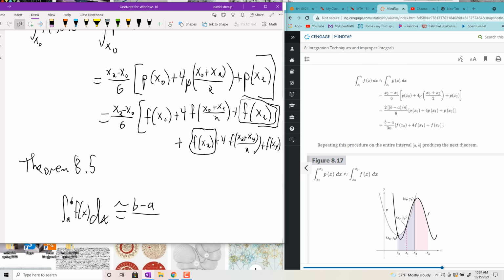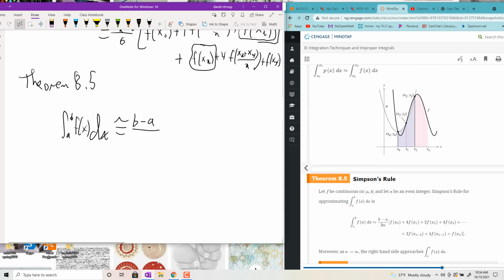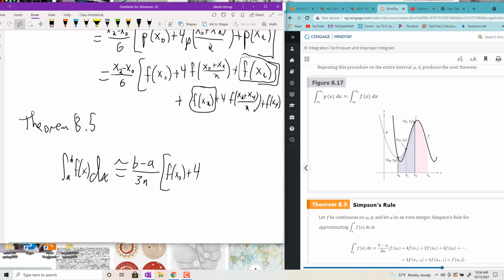You just have to do some algebra and stuff, but you'll get b minus a over 3n, and then times all this stuff, the f of x sub 0 plus 4. So you see you have a coefficient of 4 on here.